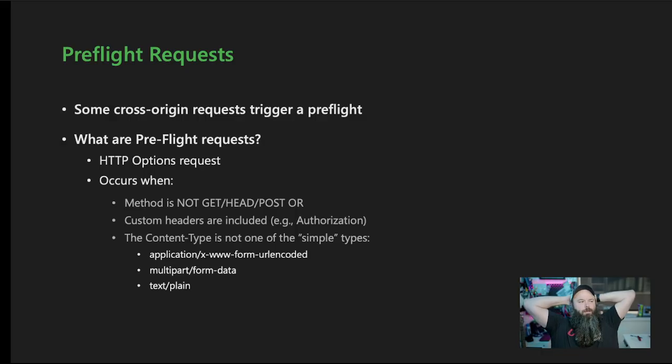And it's sent if the content type is not one of the simple types. Text/plain is a simple type, because we're posting plain text. application/x-www-form-urlencoded is basically how posts get sent by default, and multipart/form-data is how posts with files attached get sent. If you're not one of those types, or you're not a GET, HEAD, or POST, or you have custom headers, you're going to trigger something called a preflight request.